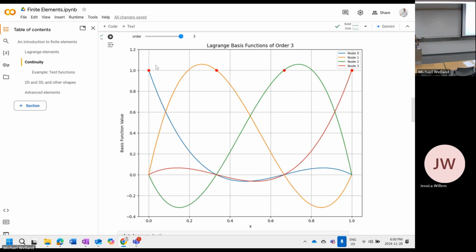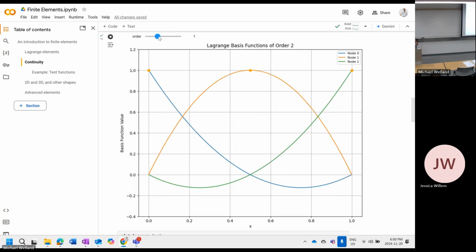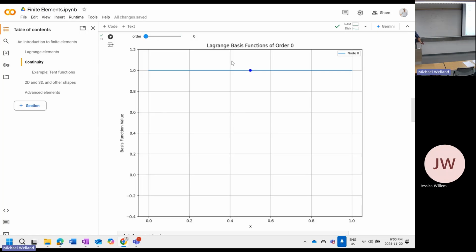Here. But Lagrange order zero doesn't. It only has something in the middle, which means that Lagrange order zero is something called a discontinuous Lagrange element. And it is not continuous. It does not describe a continuous function.